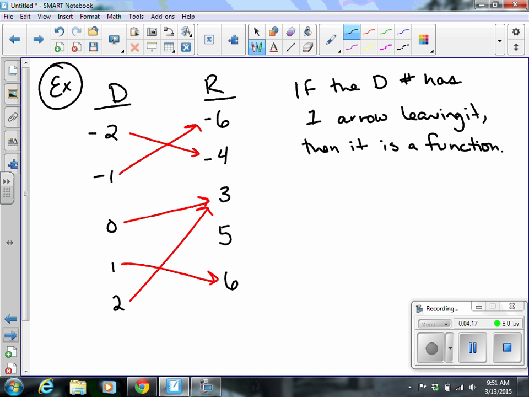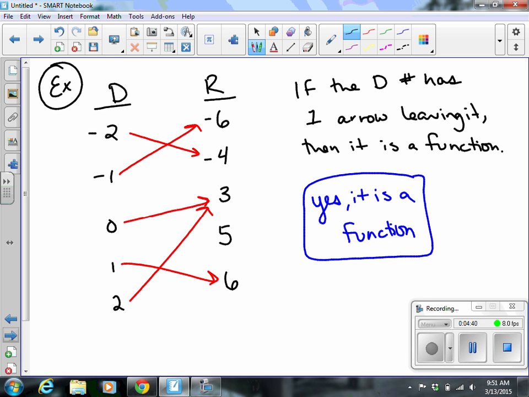So, okay, I'm looking at that criteria. My domain, -2, has one arrow going away from it. -1 has one arrow. 0 has one arrow. 1 has one arrow. 2 has one arrow. So in this case, this is a function. All right, so let's look at one that is not a function.